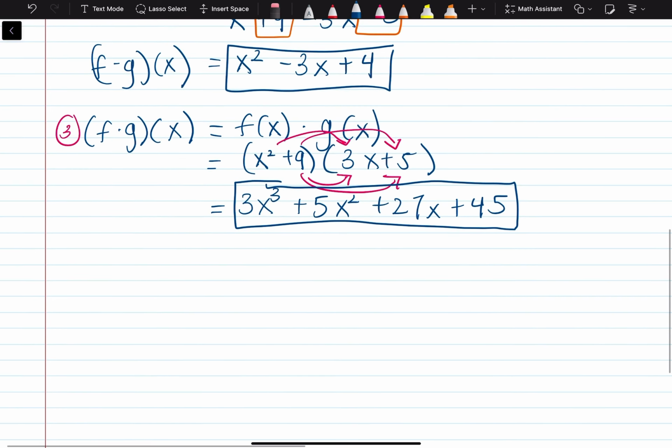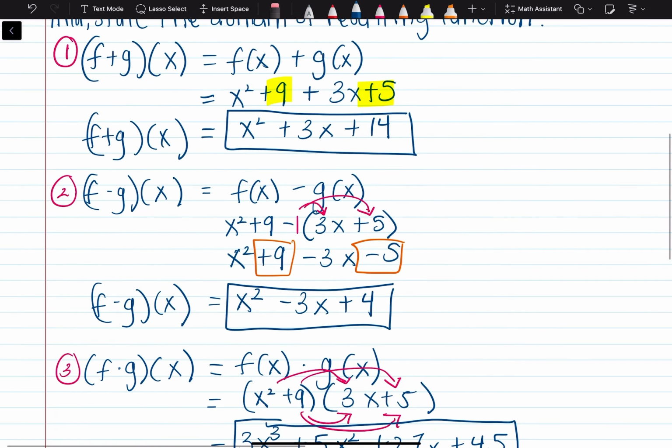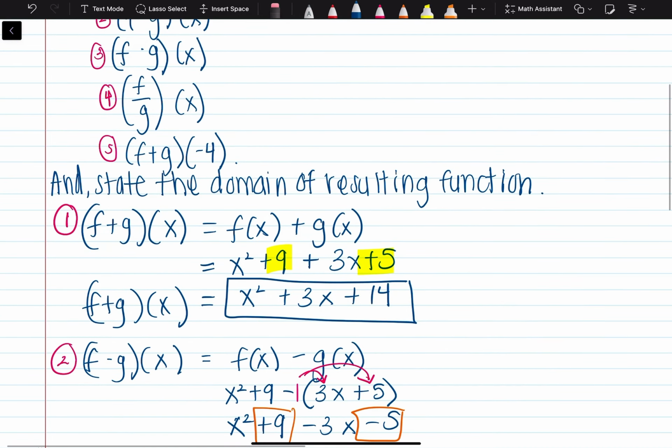Example number 4 is when you divide two functions. By definition, this is equivalent to taking f of x and dividing it by g of x. By the way, I just realized that for all these questions I was also supposed to state the domain of the resulting function.